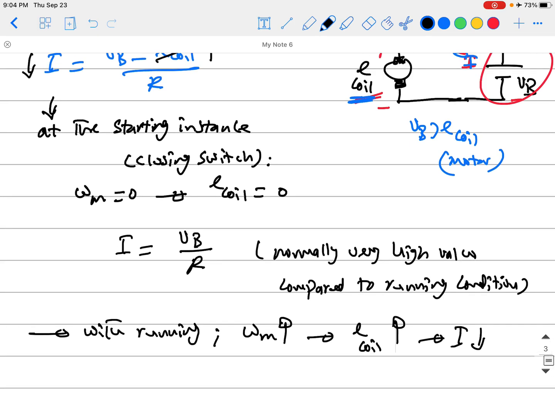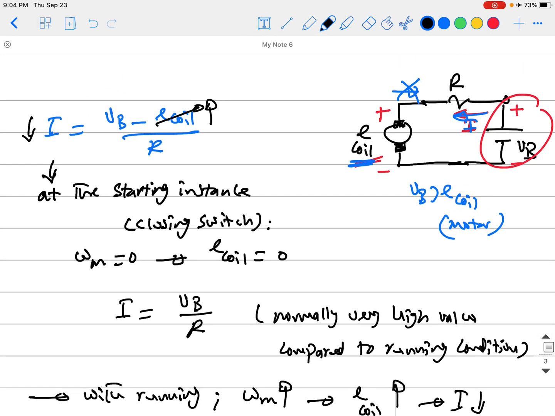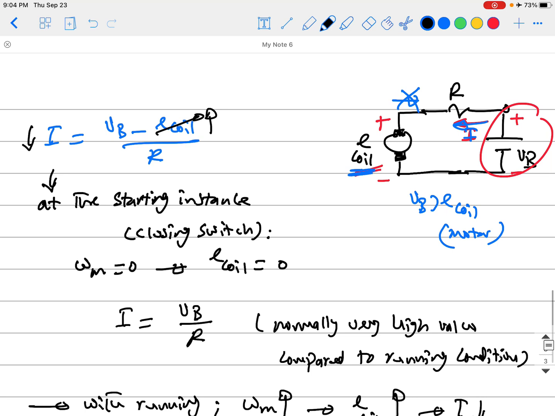The starting current of the motor is very high compared to the running current because at the starting instance, the speed is 0 and the induced voltage inside the machine is 0. And this induced voltage is the voltage opposing the applied external voltage, reducing its effect.